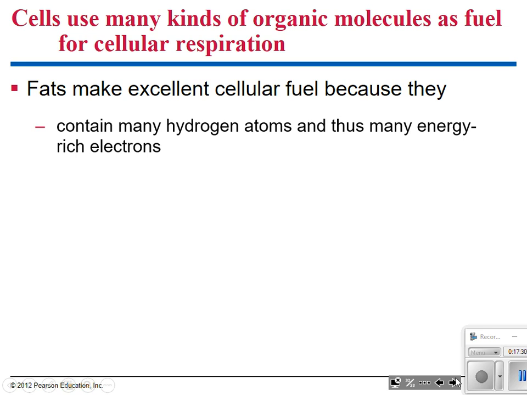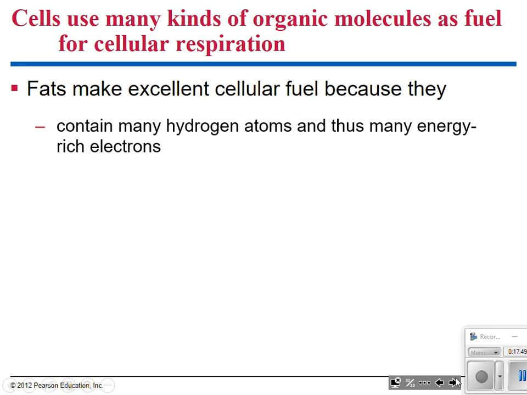Now, if you remember, what's the whole thing that kicks out a huge amount of ATP? That third stage, which was called what? What was our third stage of cellular respiration?